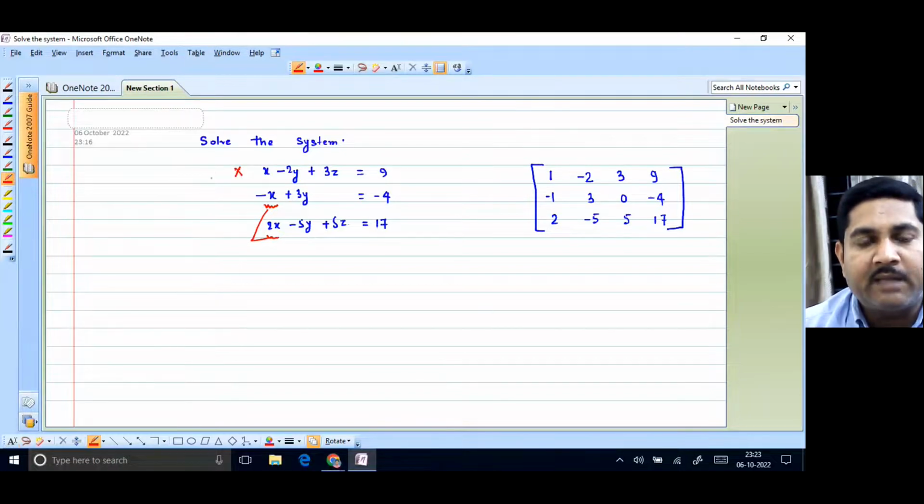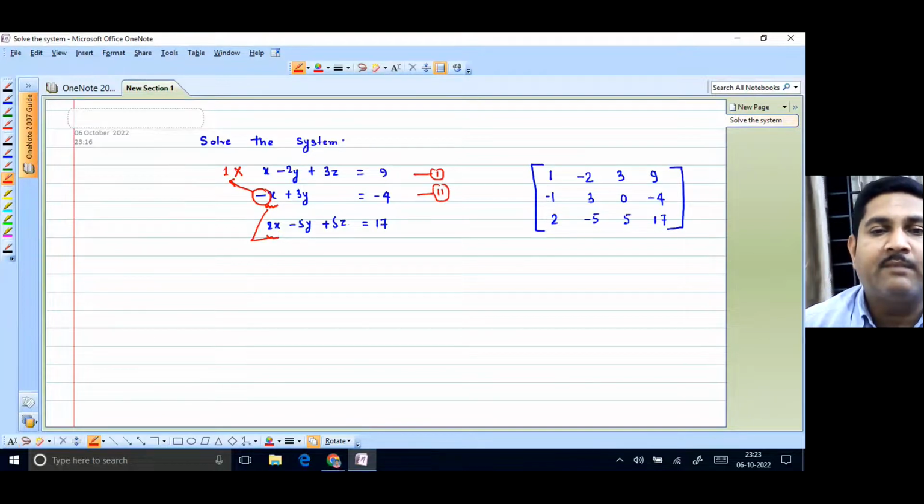I will multiply the first equation by 1. See here, the coefficient of x is minus 1 and it's negative, so I am writing it as 1. So I multiply 1 to the first equation and I will add it to the second equation. Or you can say in short that I am adding the first and second equation, right?